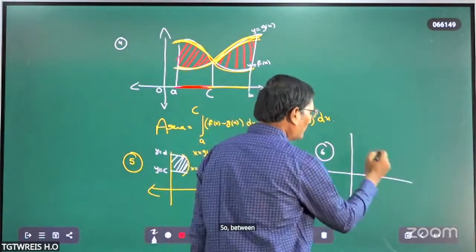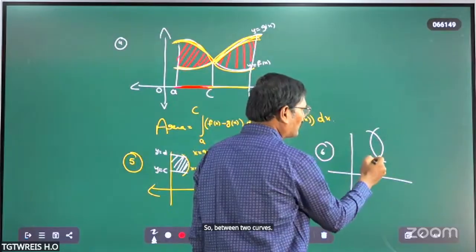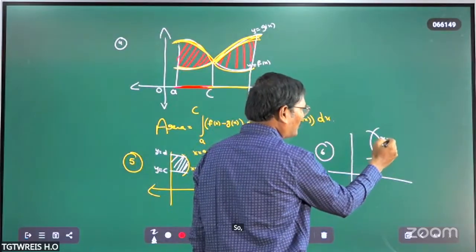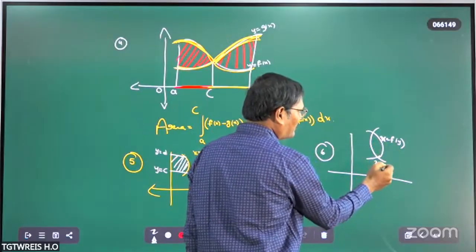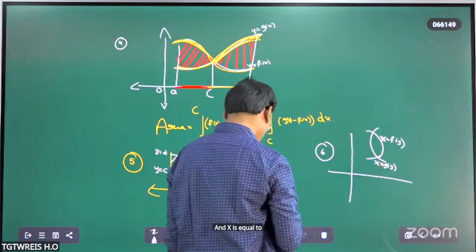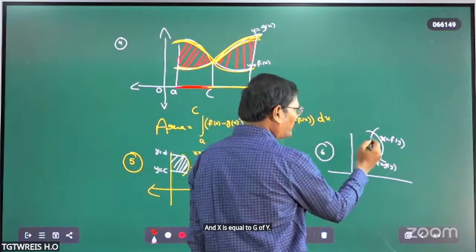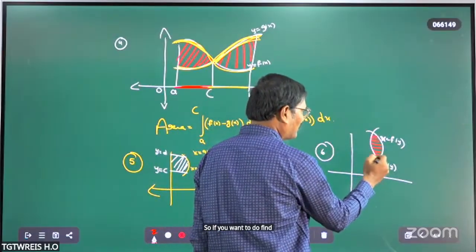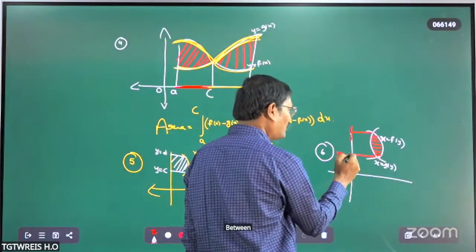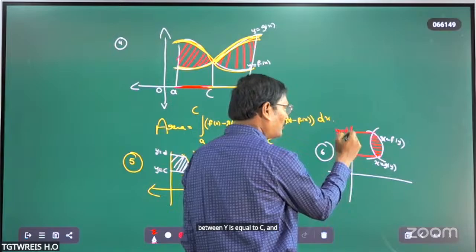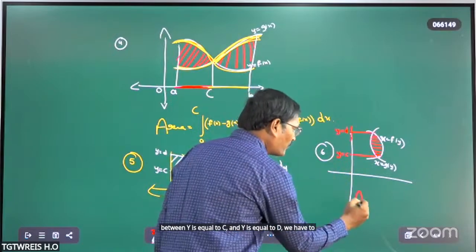So between two curves, x is equal to f of y and x is equal to g of y, if you want to find this region between y is equal to c and y is equal to d, we have to use the formula.